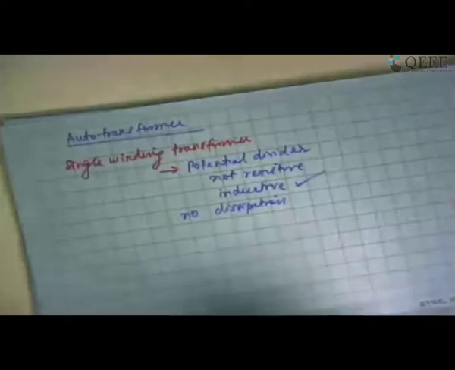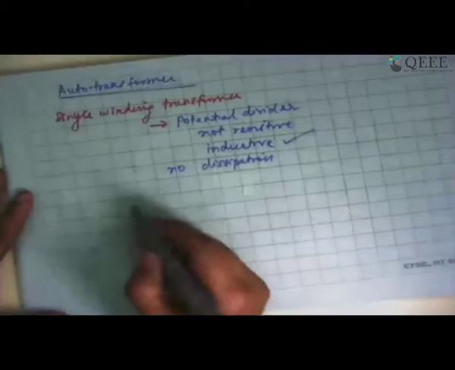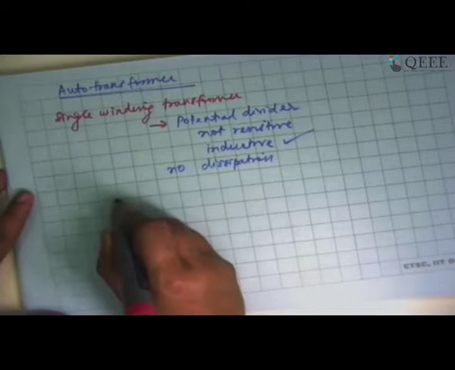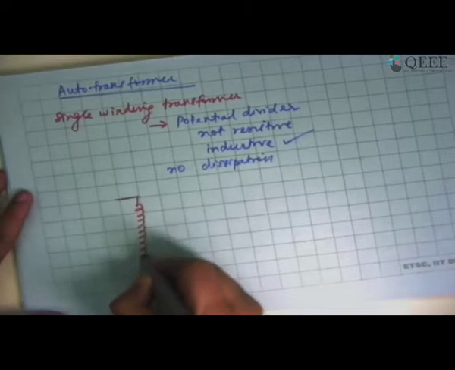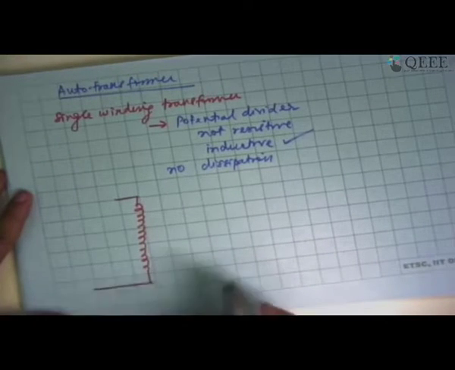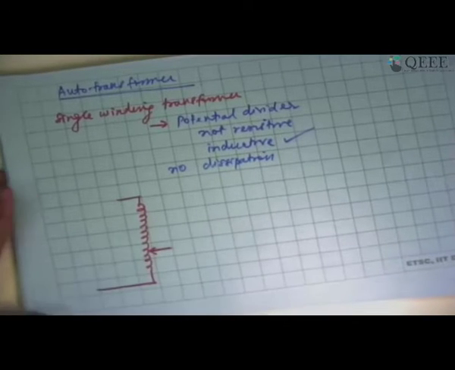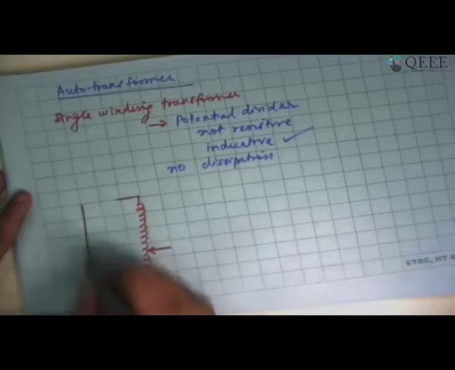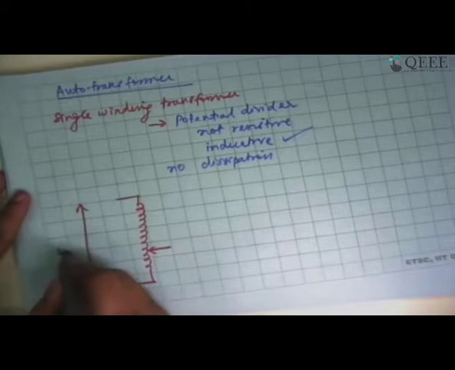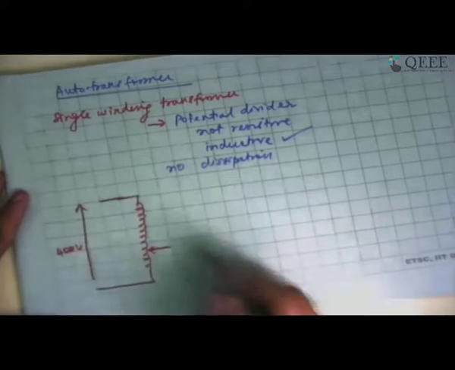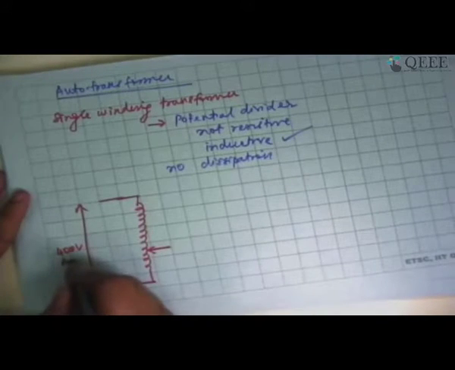Essentially, it is like a single winding transformer, as I told you. So I have to look at it as though there are so many turns, and I'm going to tap the voltage across only a few turns. Let us say I apply some 400 volts here. This is AC, obviously.